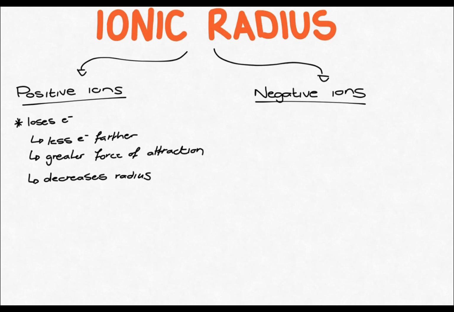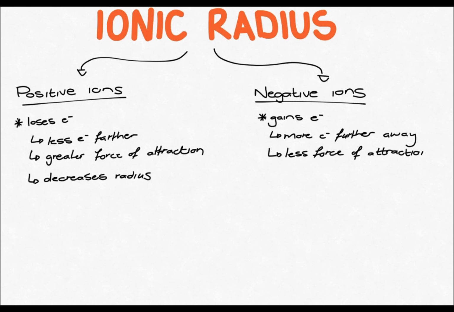Now my negative ions will gain electrons to become negatively charged. This means that more electrons will be further away from the nucleus and less force of attraction will occur. This will increase the radius. So as an example, if we look at lithium moving to beryllium, so moving from a 1+ charge to a 2+ charge, my ionic radius will decrease.